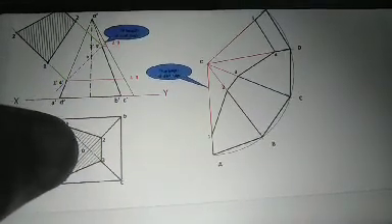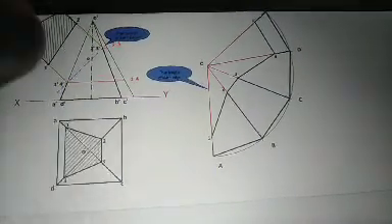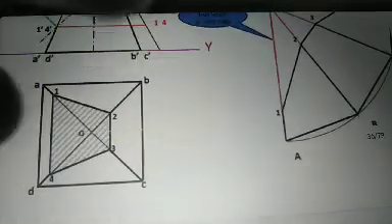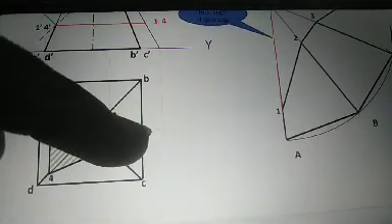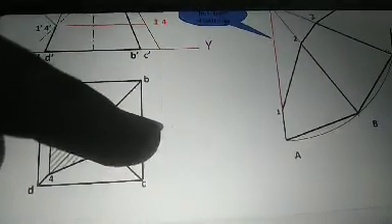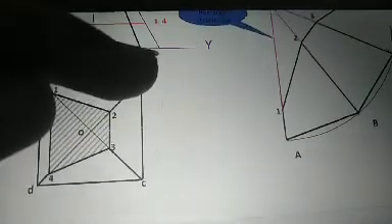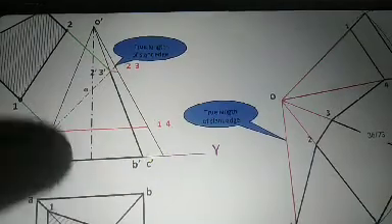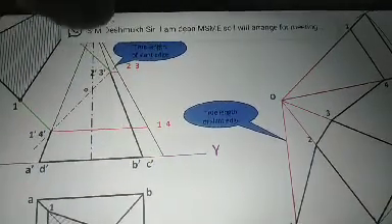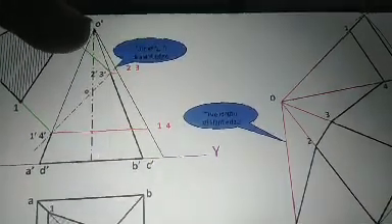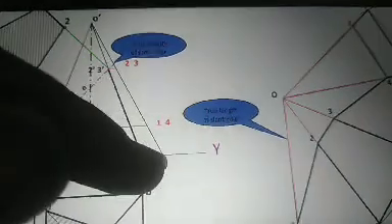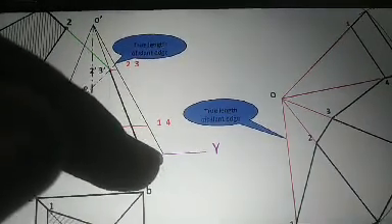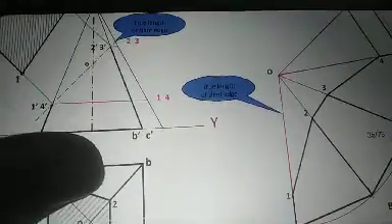For that purpose we are taking OC as an arc, by marking that arc which is parallel to XY line here and taking the projection of this arc on the XY line. We will get the true length of the slant edge. This is O dash, this D dash, O dash, C dash.